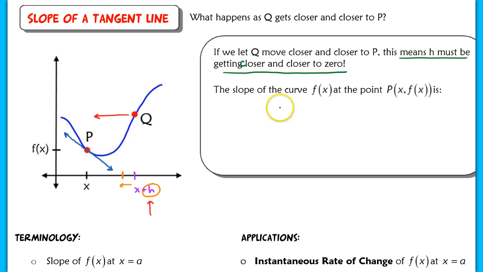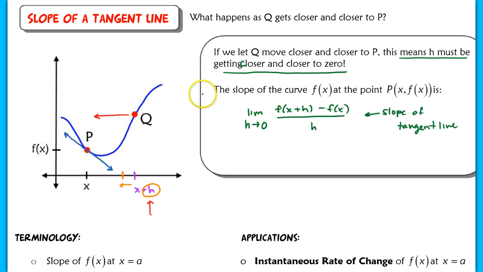But anyway, if we're looking at the slope of our secant line, remember that's f of x plus h minus f of x over h. We're trying to find that slope and use it as an approximation by making h closer and closer to 0. In other words, we're going to find the limit as h approaches 0. Now this gives us the slope of the tangent line.